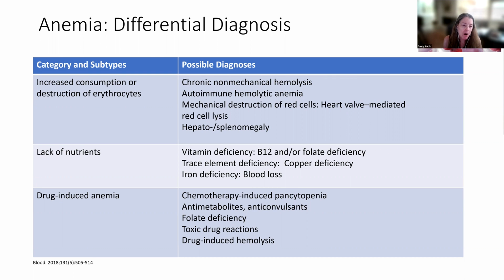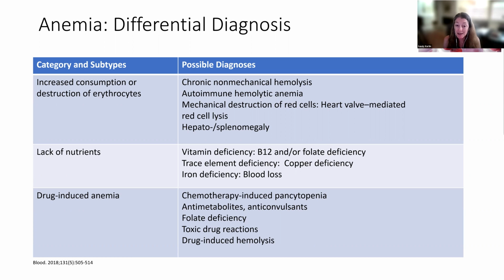You can see there are also consumption or destruction abnormalities that can be associated with anemia. One of the common ones are mechanical valves. And these patients with mechanical valves have this chronic shearing of red blood cells and hemolysis. So you'll see a hemolysis pattern.